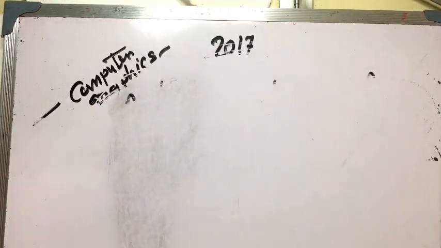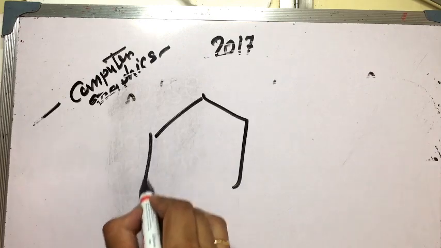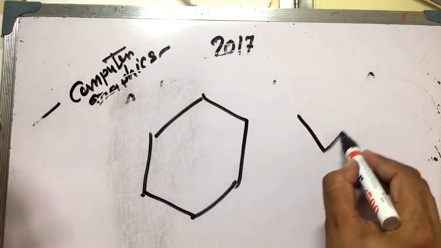Let us consider another example. Suppose this is a polygon and this is another polygon.